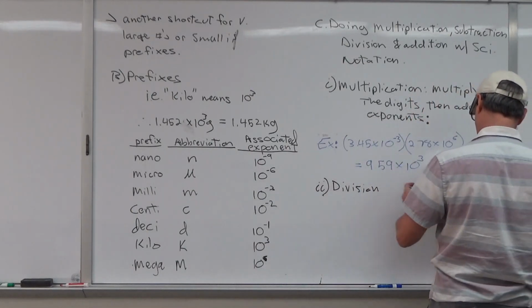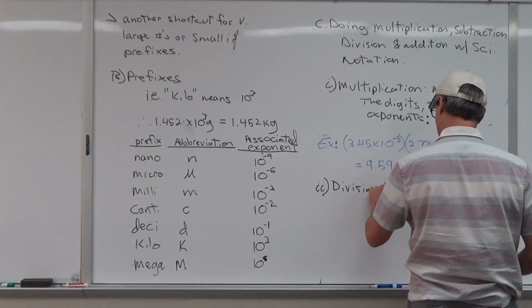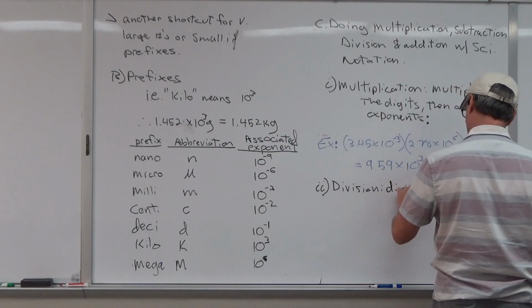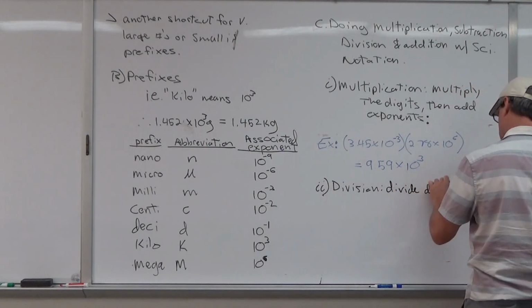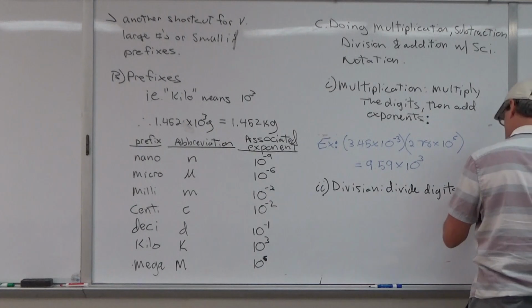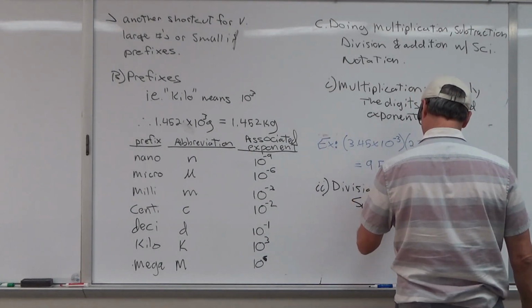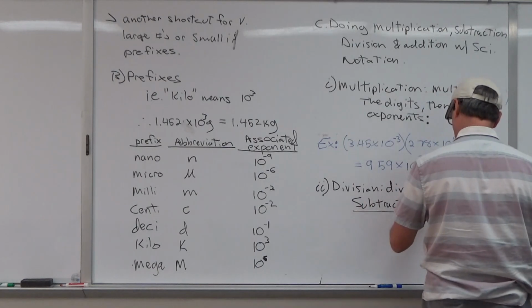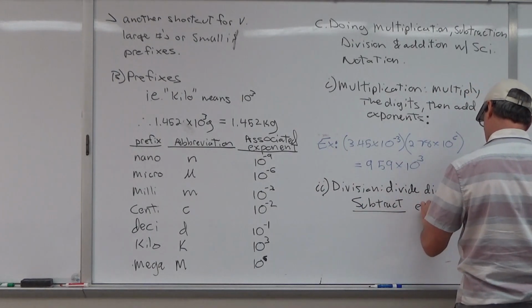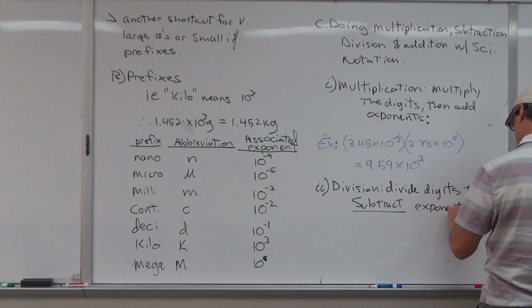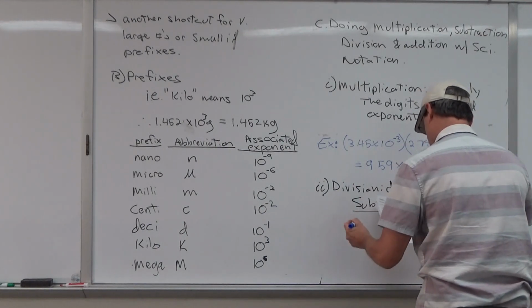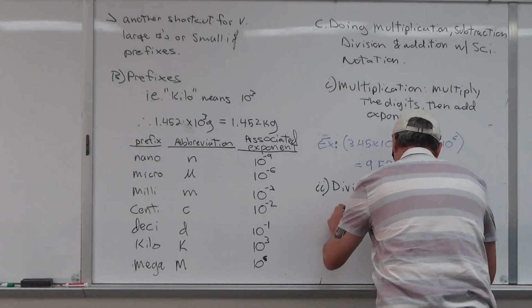All right, so division, you divide the digits, then subtract exponents. So, are these the same numbers?